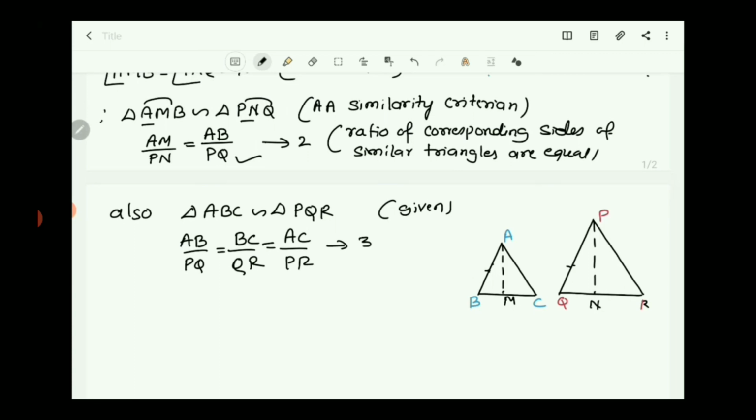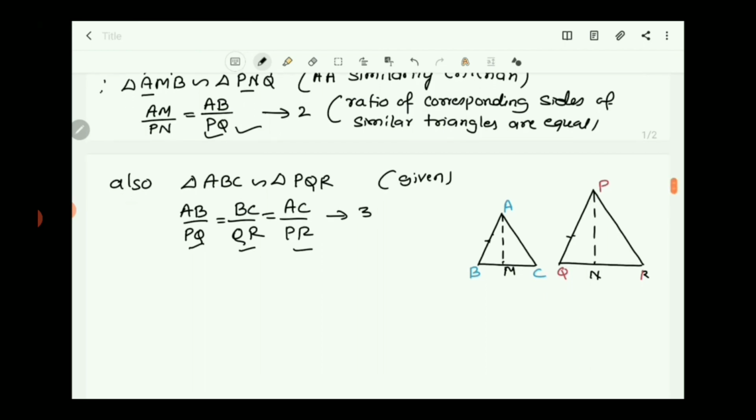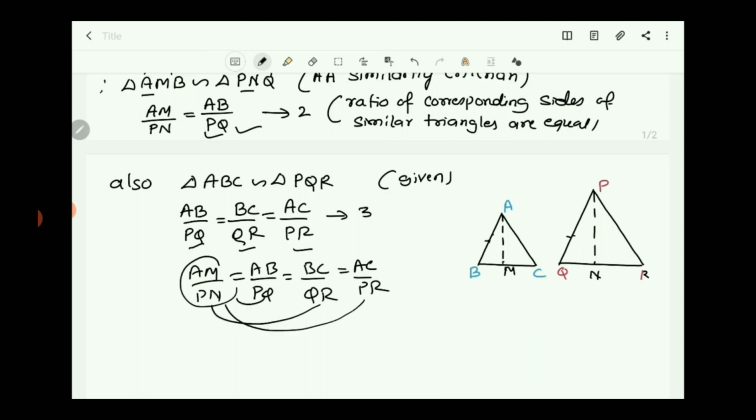Now, here AB by PQ is equal to BC by QR is equal to AC by PR, and also it must be equal to AM by PN. Here this is equal to this, means this must be equal to this, also equal to AC by PR.